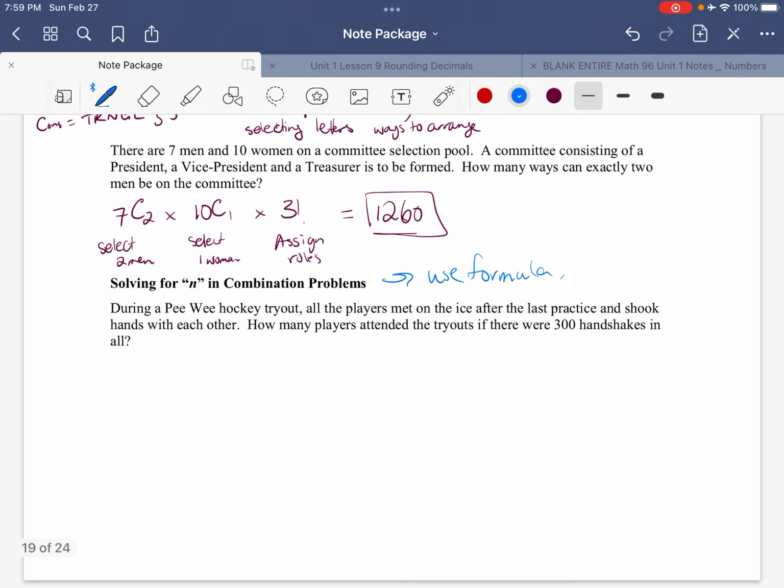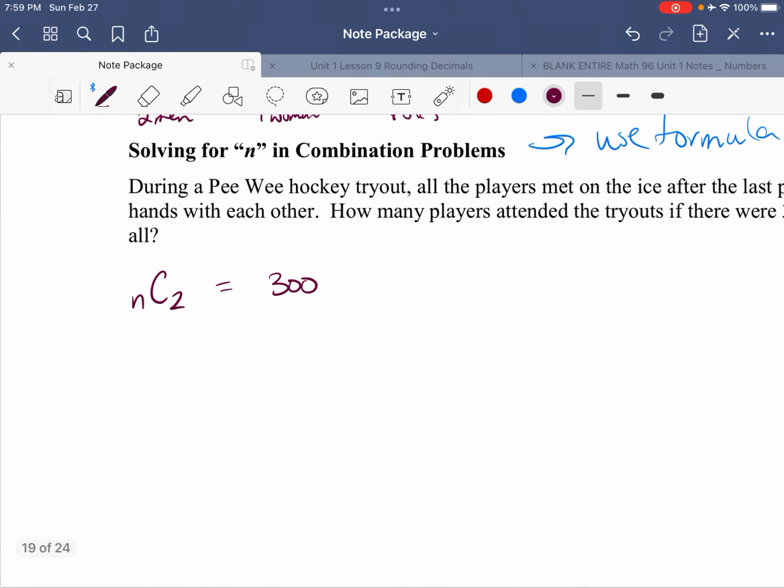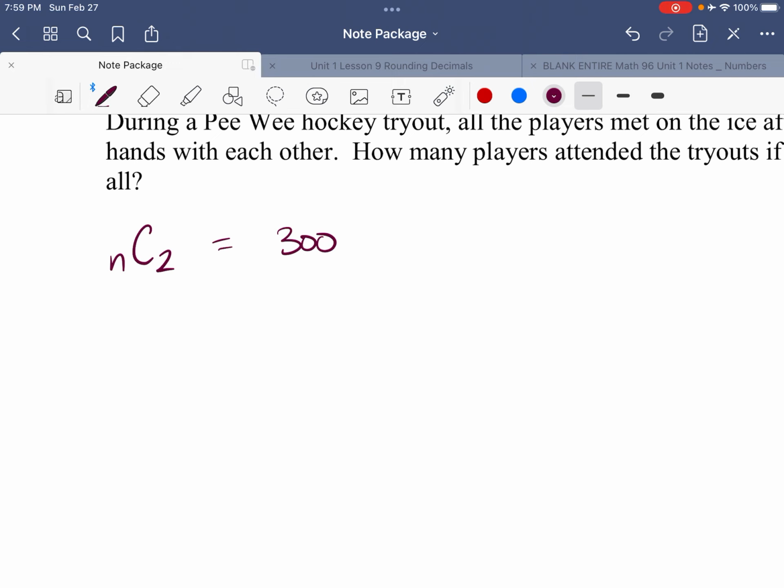Okay. We don't know what the n is, but what we can do is we know that you need to select 2, and that's going to equal 300. Okay. So the formula for combination says n factorial over n minus 2 factorial, and 2 factorial is going to equal 300. Okay.